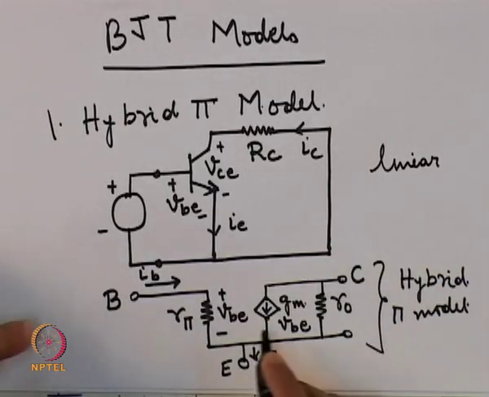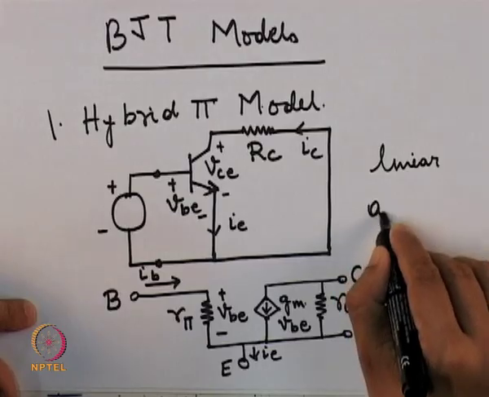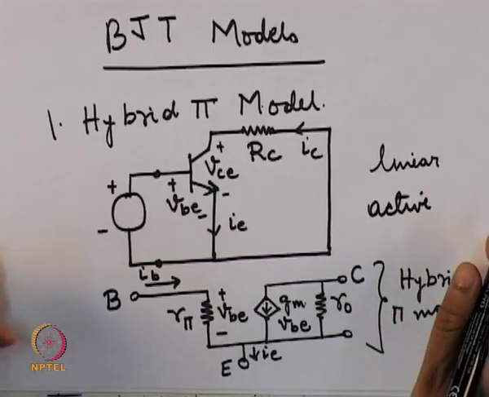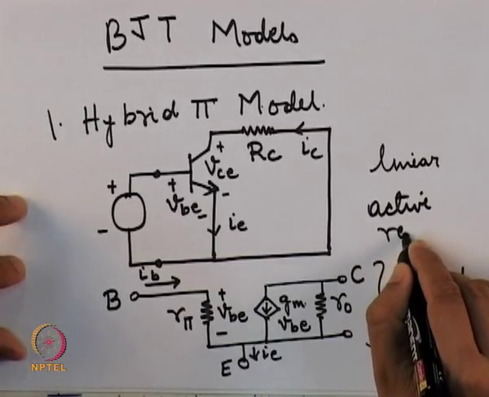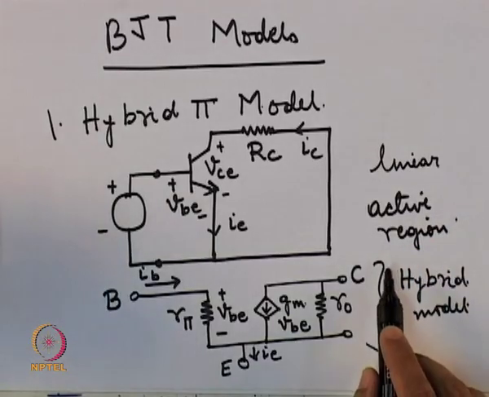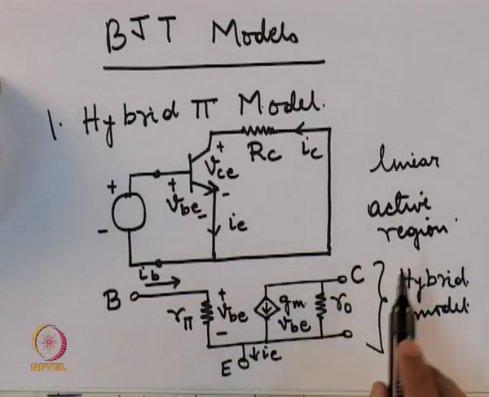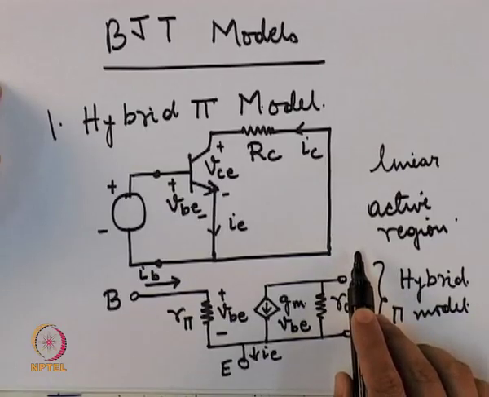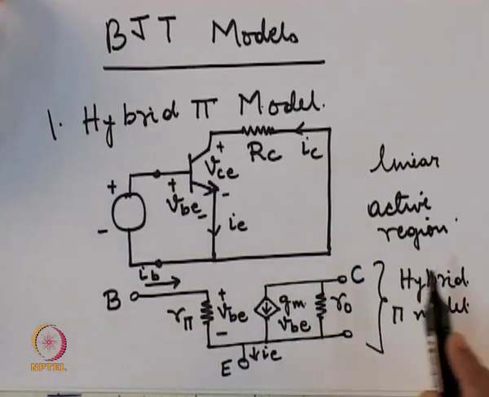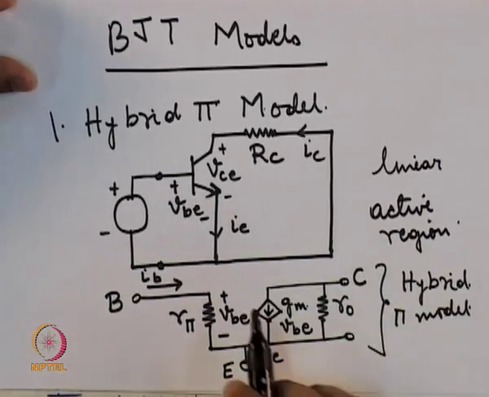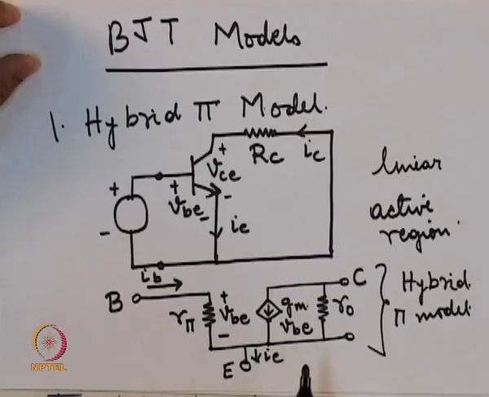So, this particular model is applicable only in the active region, not in the saturation or in the cutoff region. The active region, by the way, is also known as the linear region of the BJT, because in this region the voltage and currents are somewhat linearly related, not strictly, but somewhat. So, once we linearize our BJT, the model we get is something like this.